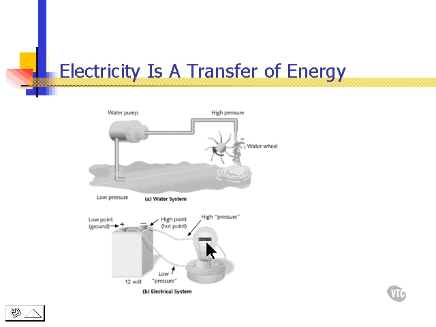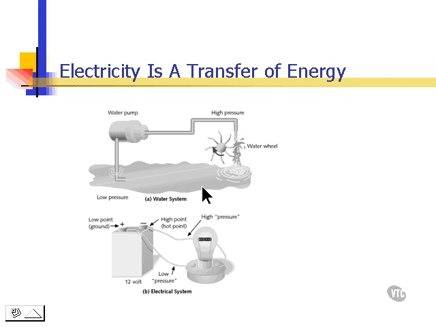So although we can't see electricity, if we compare it with something that we can see, we can kind of understand the flow of the electrons. And basically, it's all just a transfer of energy.